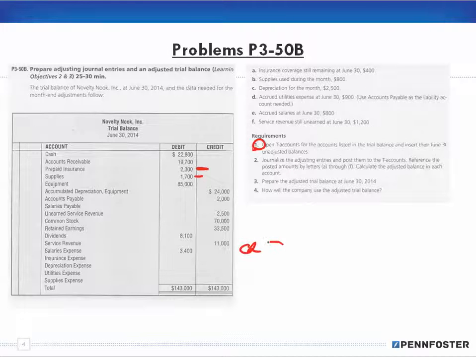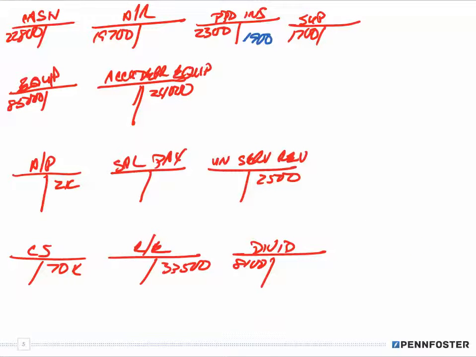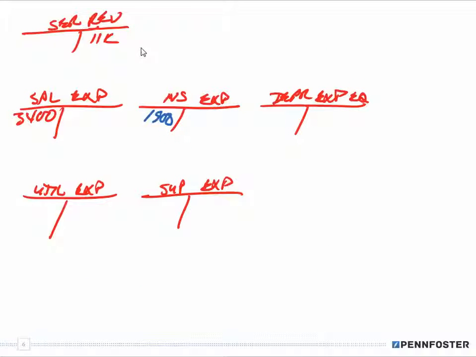So I'm going to credit supplies by 800 because that was a debit and we're decreasing it, and debit supplies expense by the 800. When I post that entry to my ledger accounts, I have a credit to the supplies account for 800 and a debit to the supplies expense account for 800.